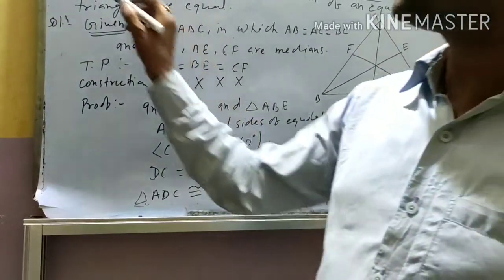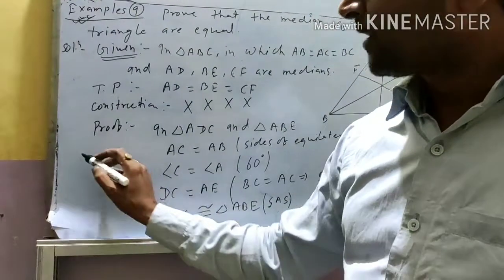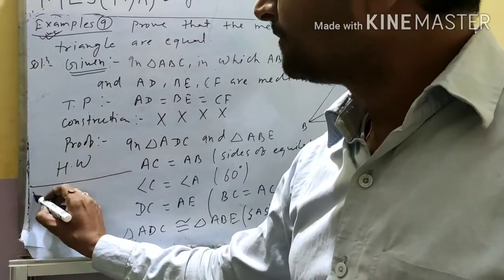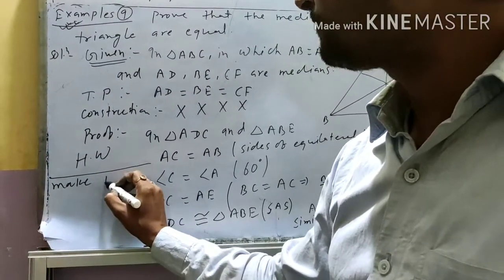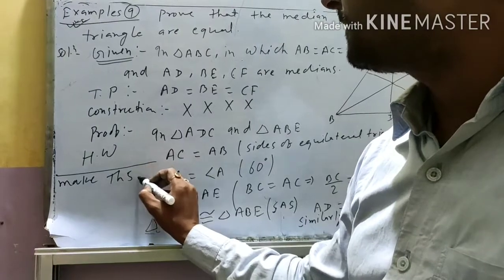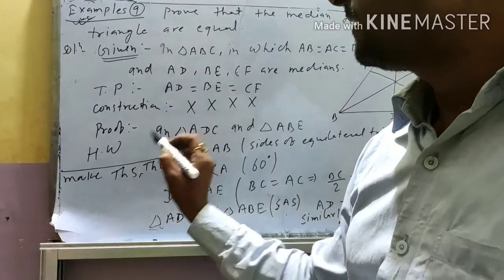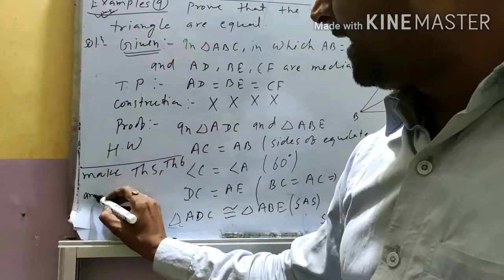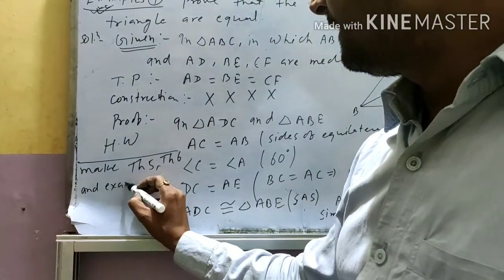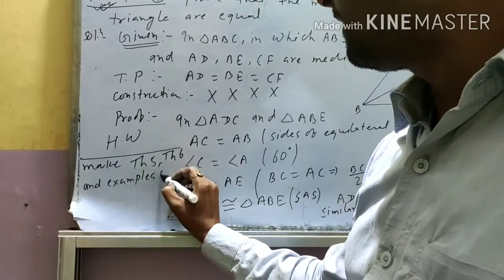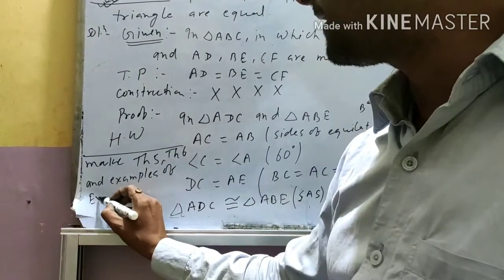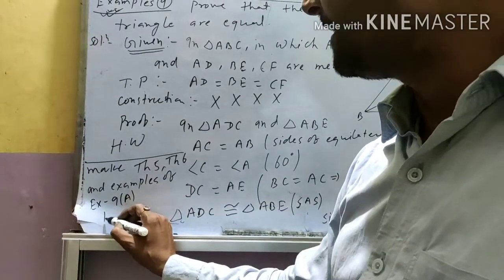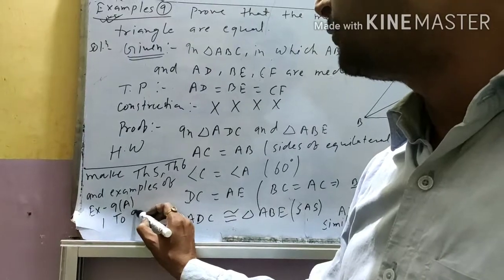Okay student, I hope you understand example number 9. So student, your homework is to make theorem 5 and theorem 6, and the examples of exercise 9A, question number 1 to 9.